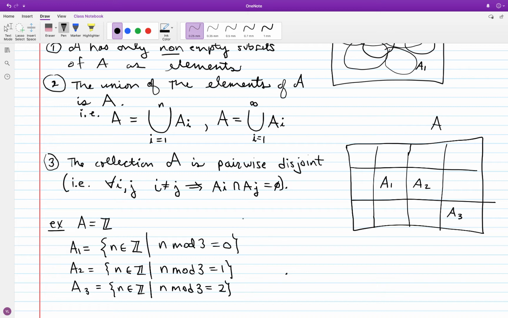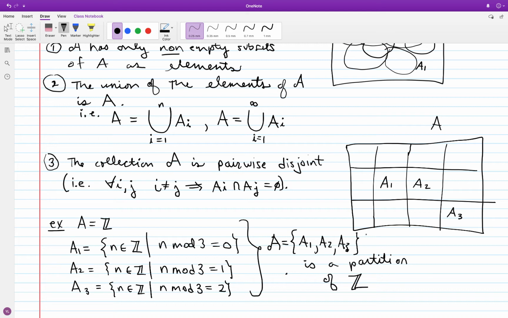So if I put these 3 sets into a larger collection called curly A, then they form a partition of the integers. I'm just going to state that as a fact, and you can think about why that's the case. So this is a partition of the set A, which in this case is Z. You can check off the requirements to be a partition one by one and see that this is the case.